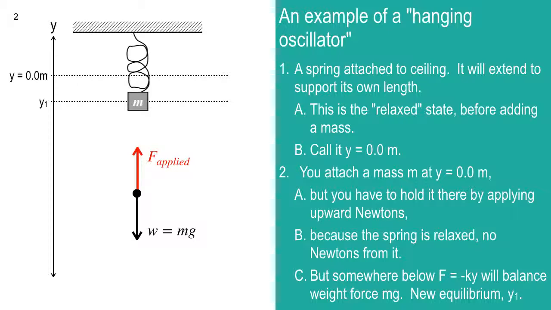It'll go back and forth a little bit, and that's an angular oscillator. So anyway, minus ky is the spring force, and at y1 you don't have this force anymore.